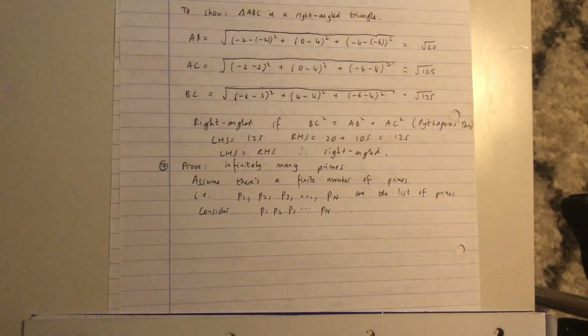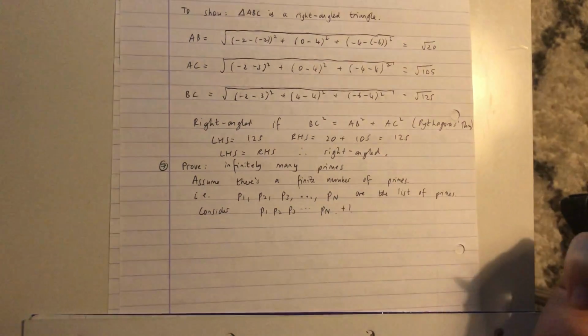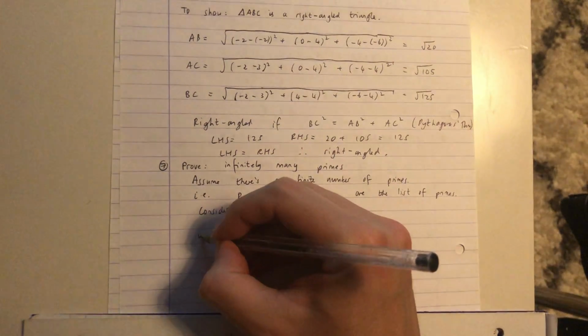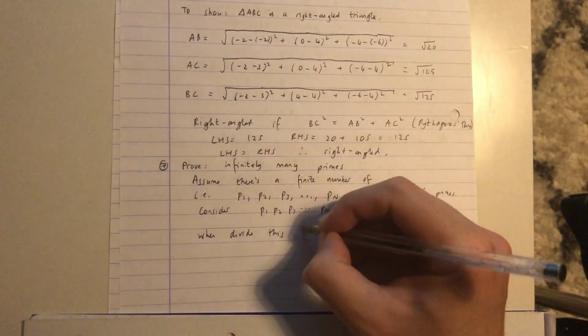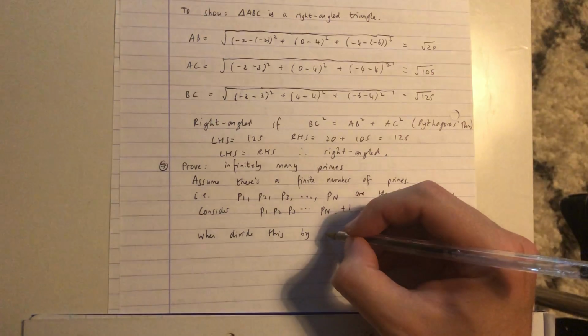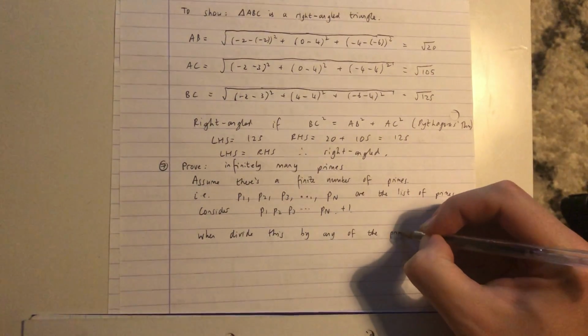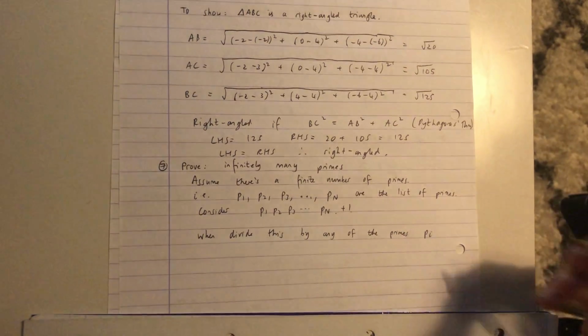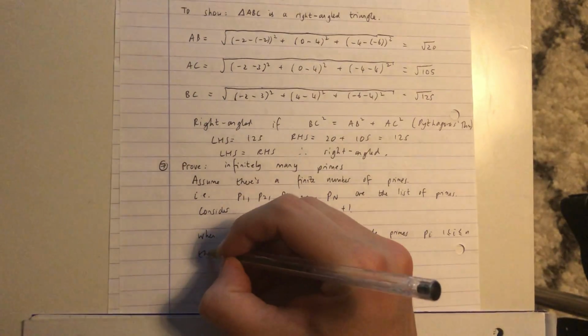Now that number would be divisible by every single prime, because P1 goes into it, P2 goes into it, P3 goes into it, so on. Pn goes into it. But if you just add 1, when you divide this by any of the primes, which I'll just call Pi for i between 1 and n, the remainder is 0.